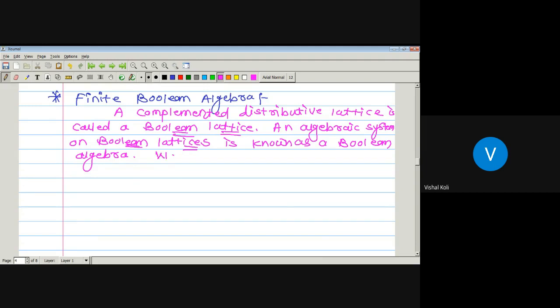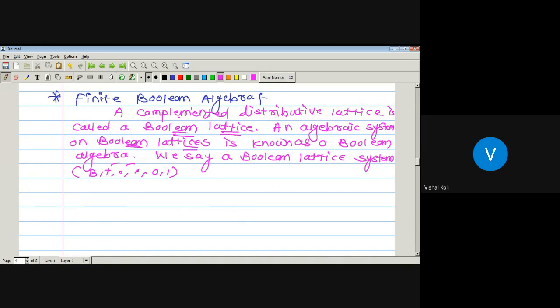a Boolean lattice system. As it is a Boolean lattice system, it must be a lattice. As it is a lattice, it is closed under the operations plus and dot. Here plus is nothing but join, dot is nothing but meet, dash is nothing but complement, and 0 and 1 are the least and greatest elements. As it is a Boolean lattice, it is a complemented distributive lattice, which means every element has a complement.